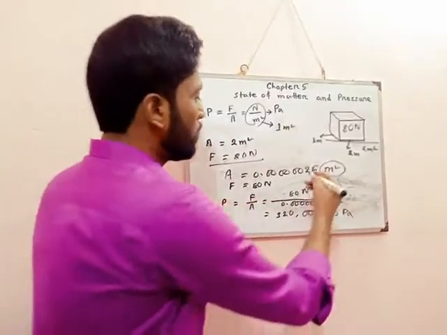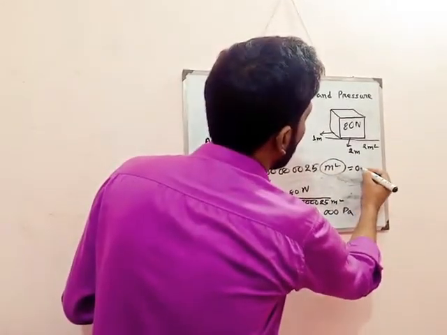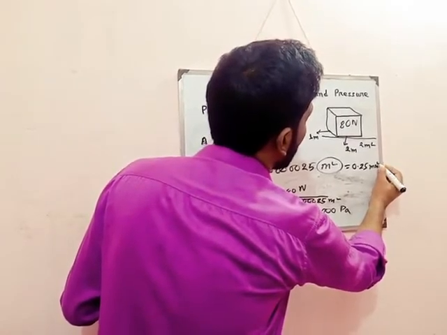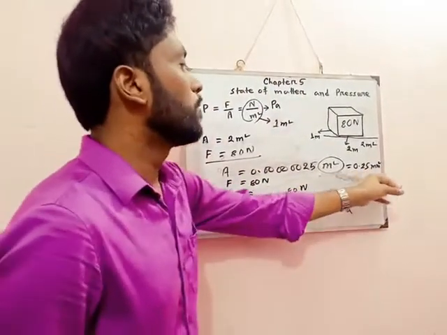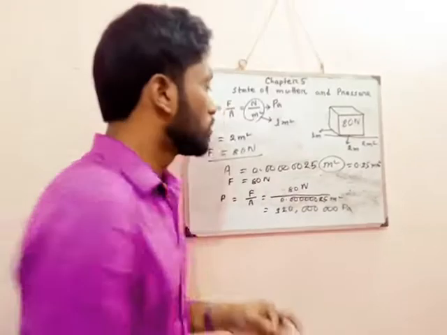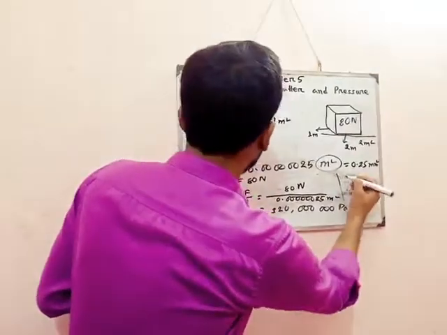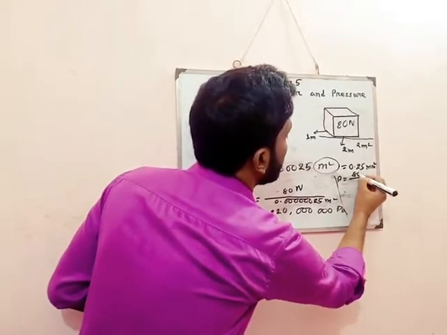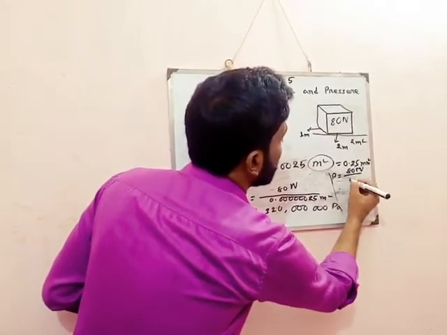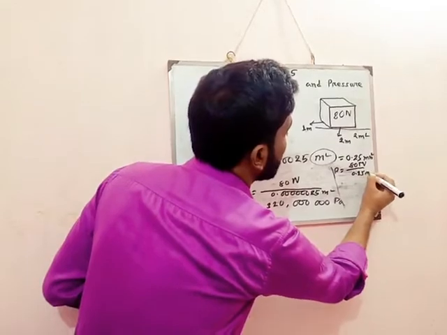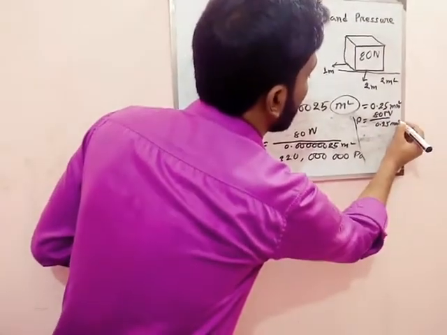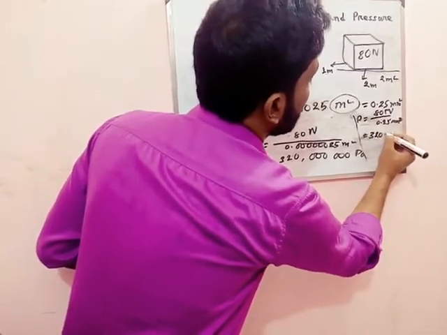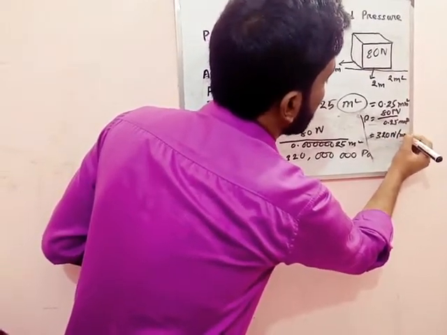That will be 0.25 square millimeter. So for this, the pressure will be 80 Newton divided by 0.25 millimeter square. The value will be 320 Newton per millimeter square.